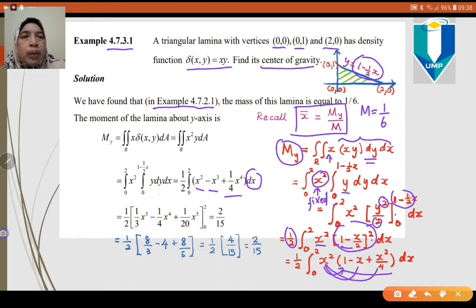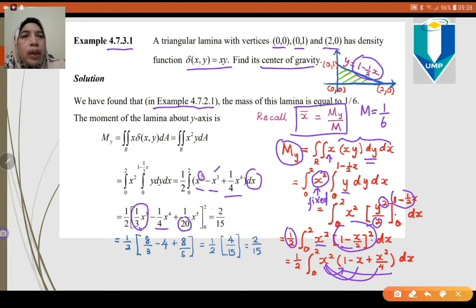Increase the power of 2 by 1, you get x to the power of 3 divided by 3. Then integrate this one: x to the power of 3 becomes x to the power of 4 divided by 4. And x to the power of 4, you increase the power by 1 to get 5, but 5 times 4 will give you 20 here.